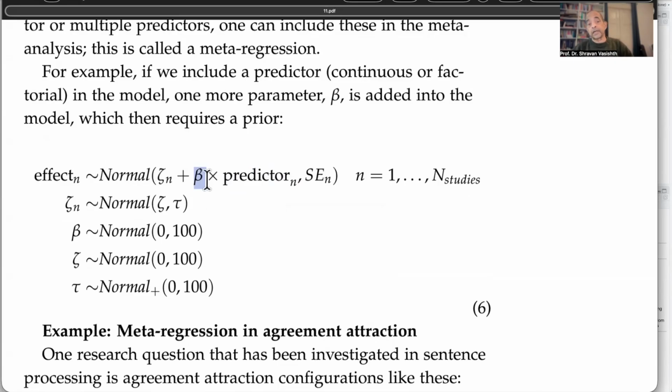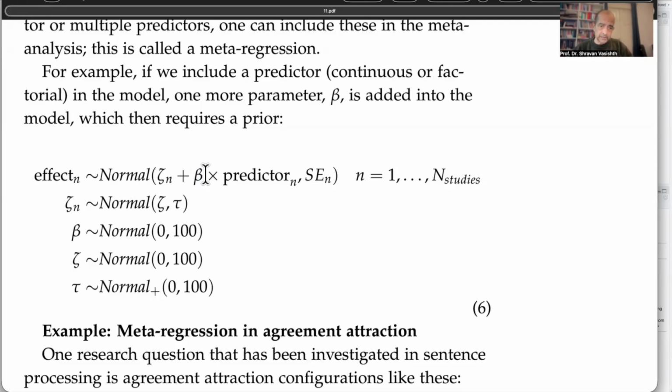Notice that you cannot have varying slopes in this model now because you have only one data point from each study on the effect size along with the standard error estimate. Okay, so you don't have multiple repeated measurements from the same study. So that's the only situation where you can have varying slopes. So there's going to be no varying slopes here, just varying intercepts. So the model is the same.